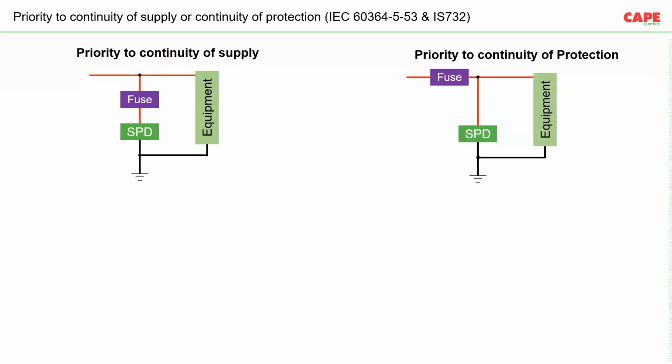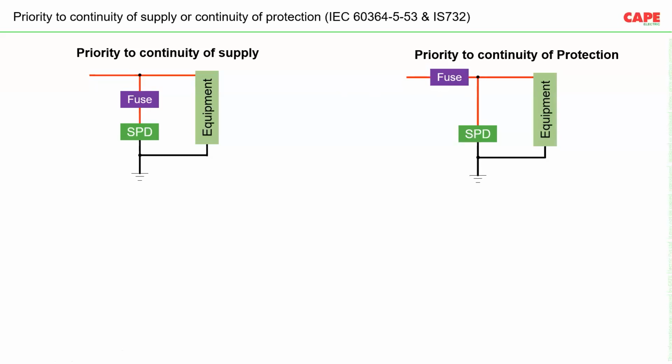The second case is priority to continuity of protection. In this case, we are not using any backup fuse in series with the SPD, but we are using a fuse in series with the line. During the event of this SPD failure, during the short circuit, this fuse will blow. Once this fuse blows, it disconnects the equipment from the supply. So here, the supply to the equipment is disconnected as soon as the SPD fails.